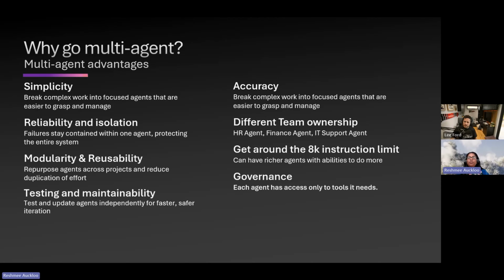And the other idea is around modularity and reusability. Say you have a simple piece of function which could easily be reused across multiple agents. Let's say, for example, in your organization, everyone has to fill in a timesheet. Maybe you have a timesheet agent which sits separately, but you want it tied to other different agents.